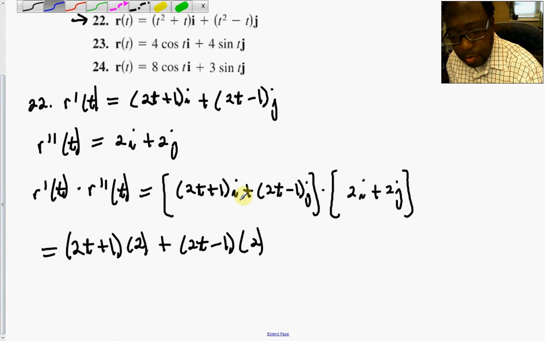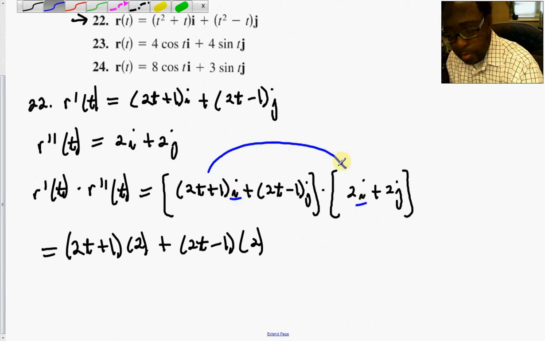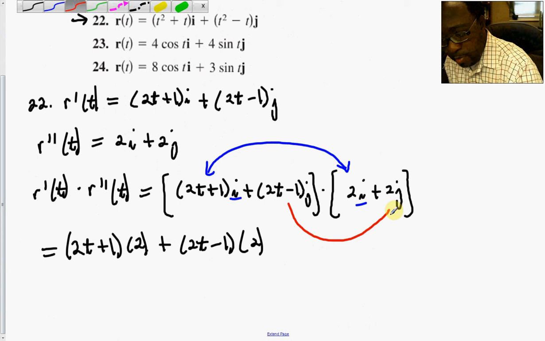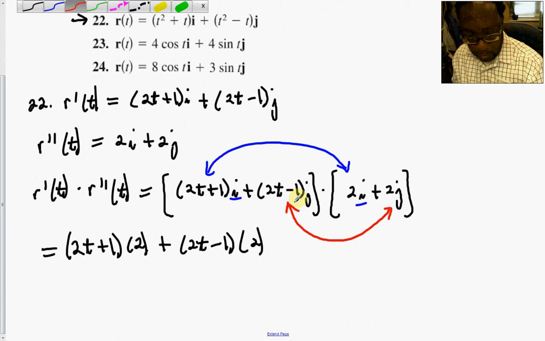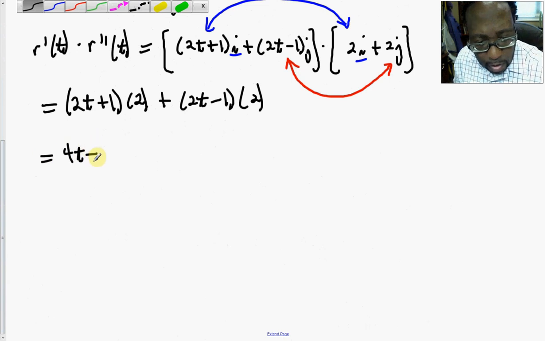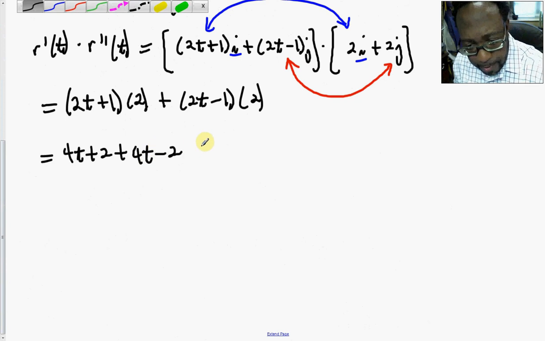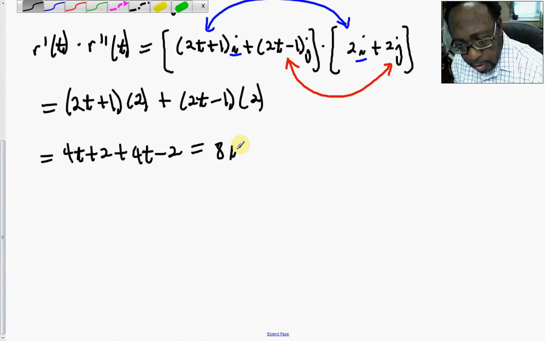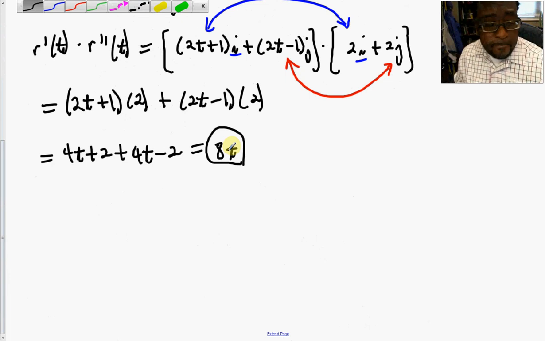For the dot product, the i term times the i term, then the j term times the j term, right? And so we simplify that. This becomes 4t plus 2 plus 4t minus 2. That gives us 8t.